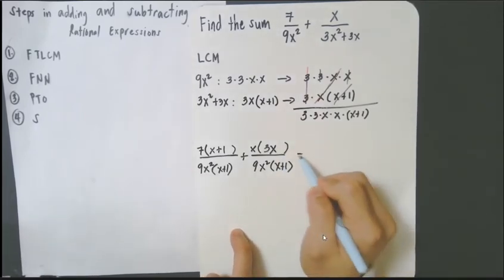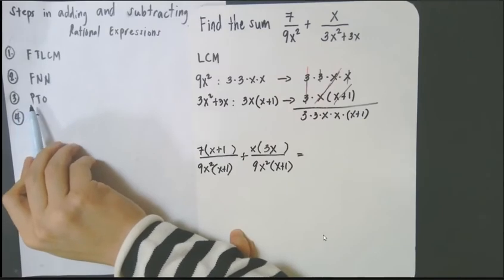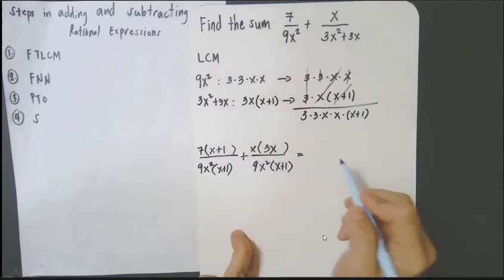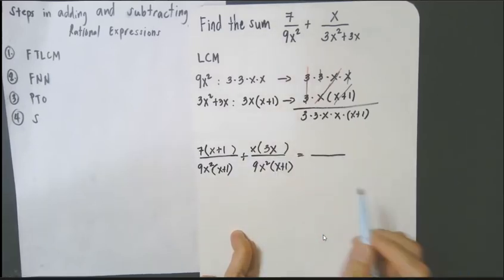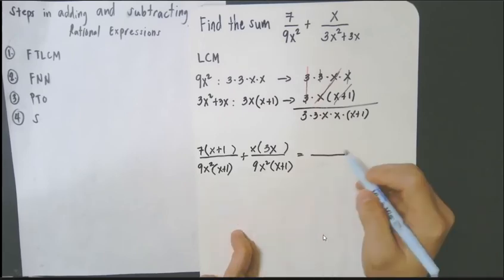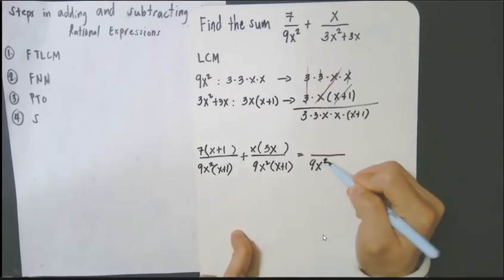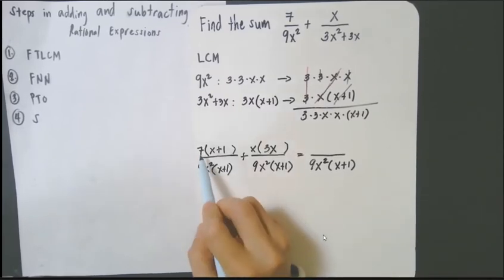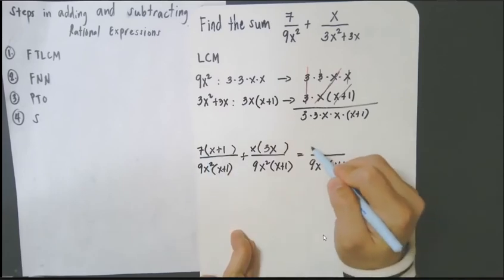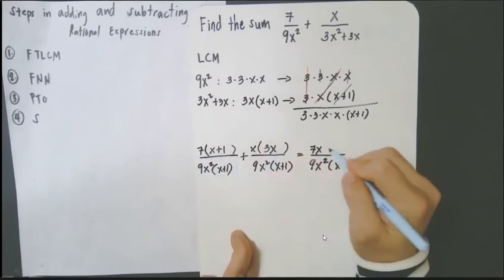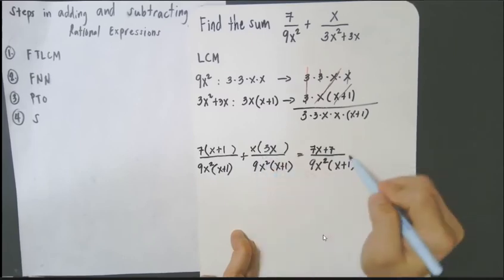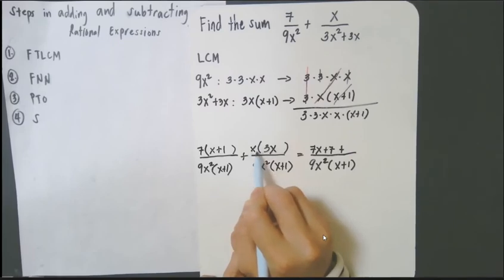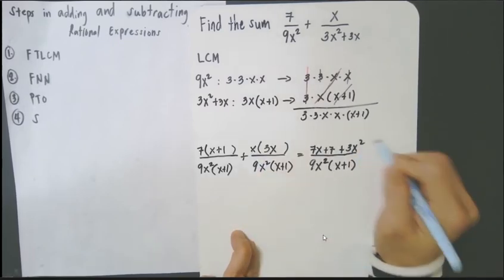So next will be step 3, perform the operations. So we will be simplifying the numerators, but this time we will write them as one expression. So copy the denominator, 9x squared times x plus 1. So we will do here the distributive property, 7 times x, so that's 7x. 7 times 1, that's positive 7, plus, because we have addition here, x times 3x, that will give us 3x squared.